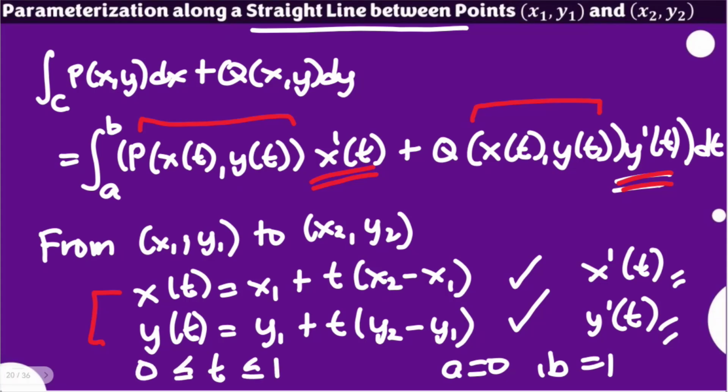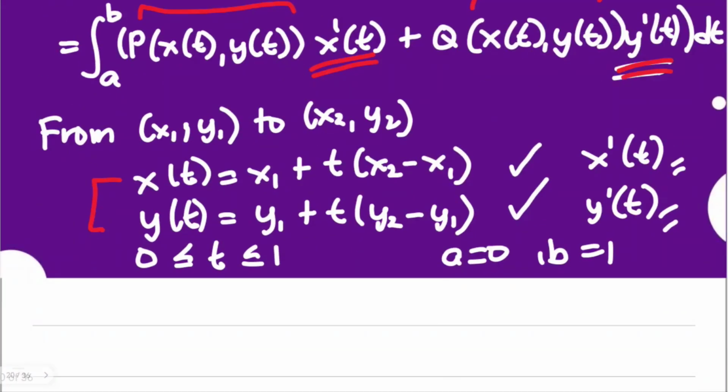This is true for all parameterization along a straight line. Now, we can of course use other intervals as well, 0 to 5, 0 to 10, but this is the most convenient interval, and it would follow that a is 0 and b is 1 for all situations that will be using a straight line path.